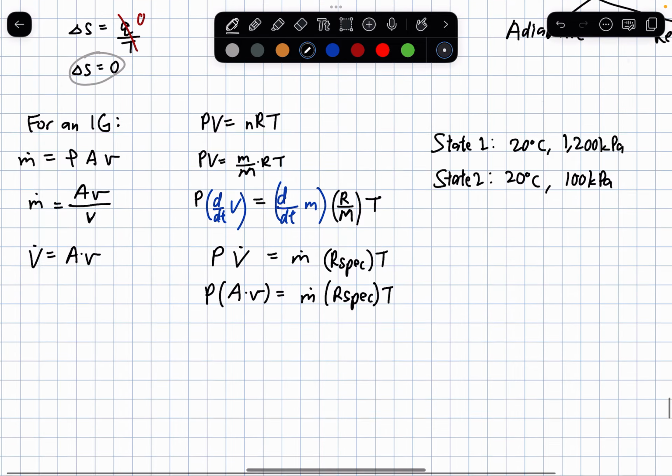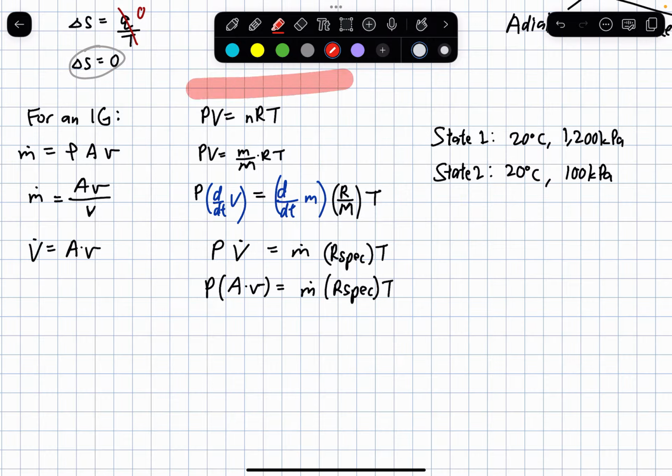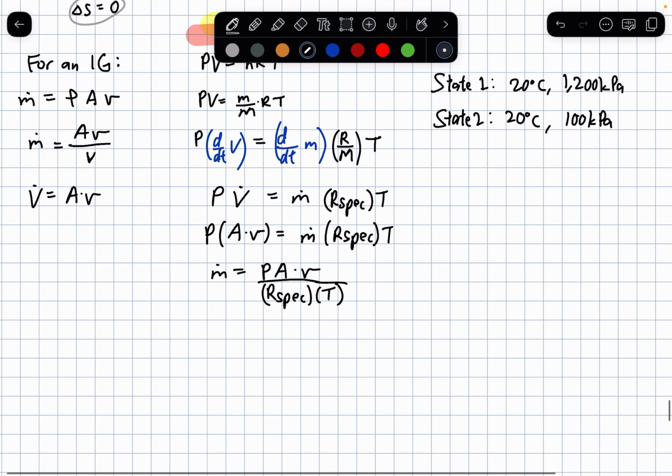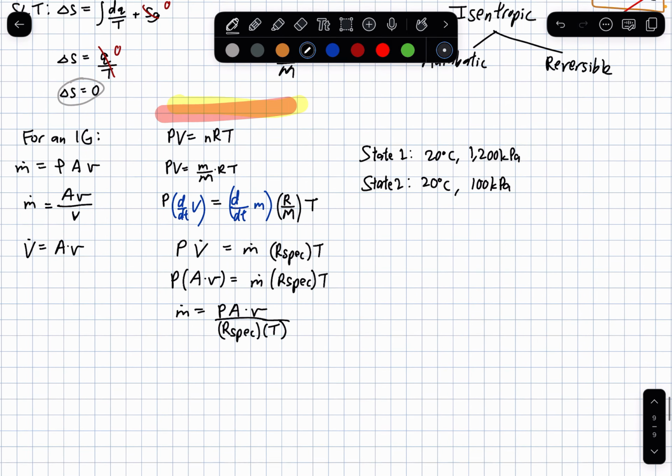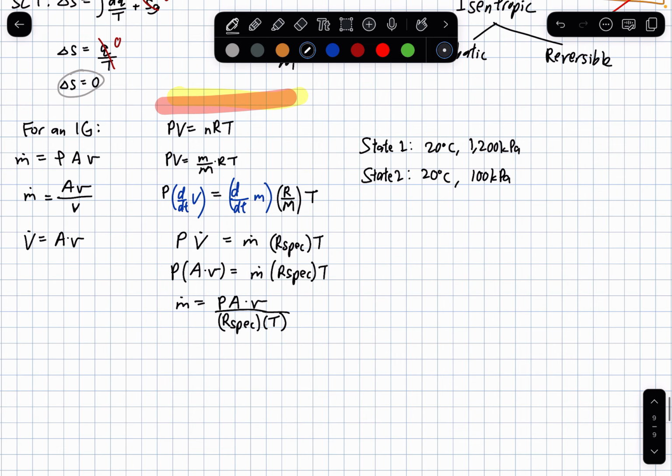How will this help us? Express in terms of... So what are the constants here? Velocity, this is the same, no?